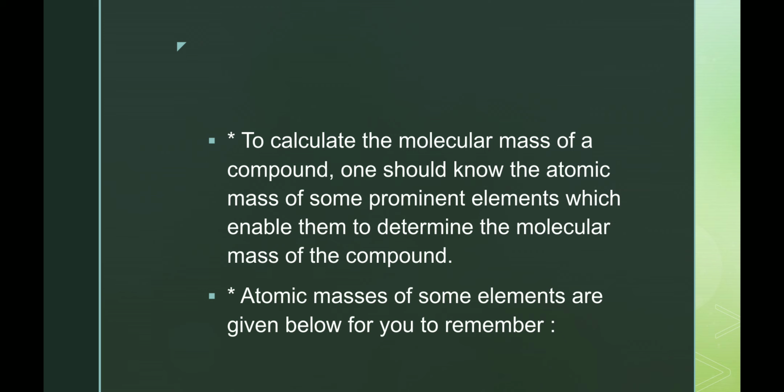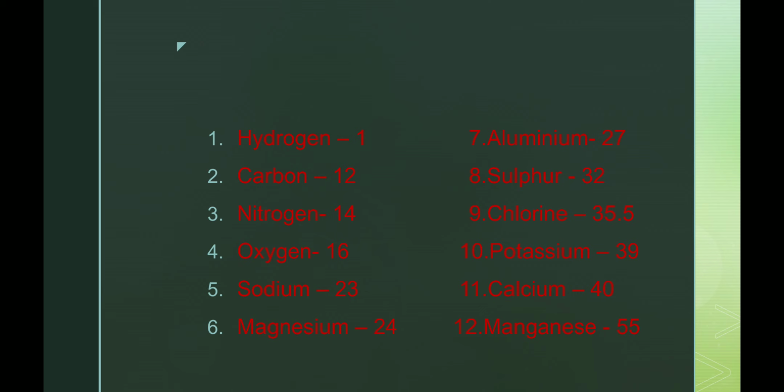For your understanding, now I am going to give you atomic mass of some elements for your memory. Please learn it by heart. The atomic mass of 17 elements is given below. These elements are very important in order to calculate the atomic mass of the element and molecular mass of the compound.